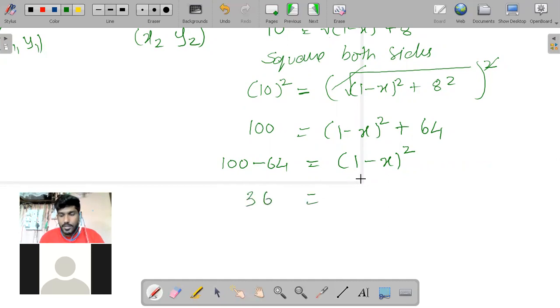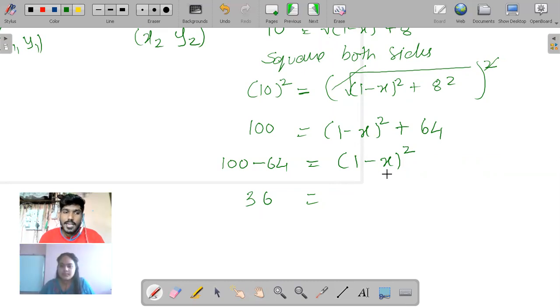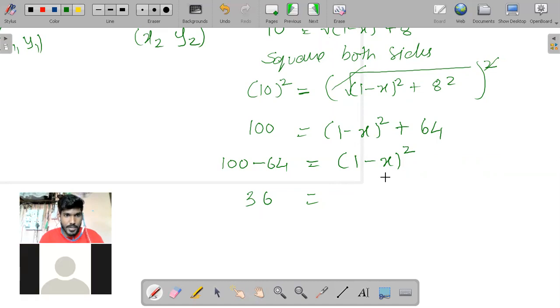Now on your right hand side you have (1 minus x) the whole square. So you can use (a minus b) the whole bracket square and expand it. That is one way of doing it. But there is one even simpler way also.